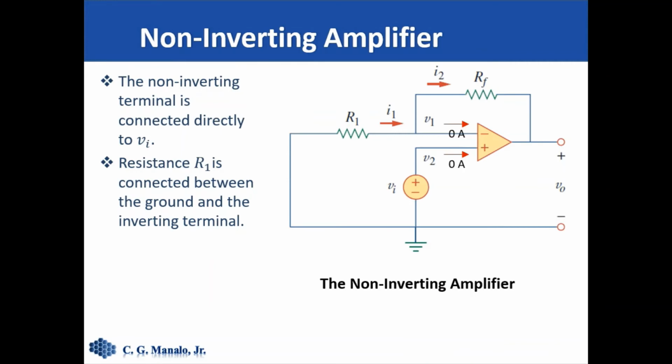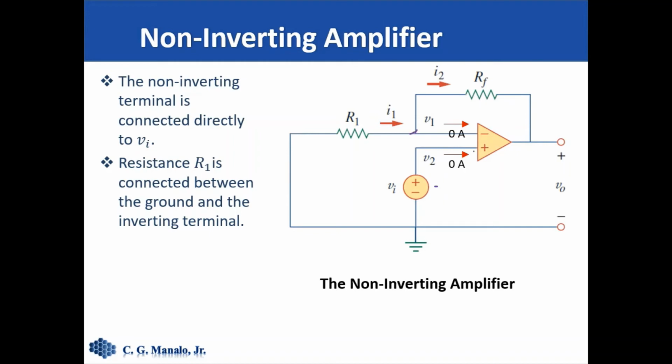Another basic op-amp configuration is what we call the non-inverting amplifier. So here we have the input voltage tied directly to the non-inverting terminal.